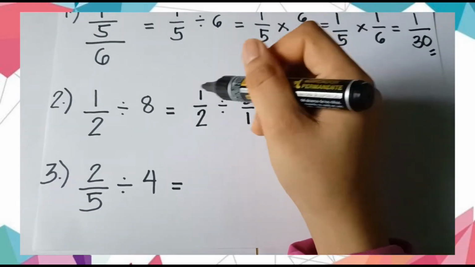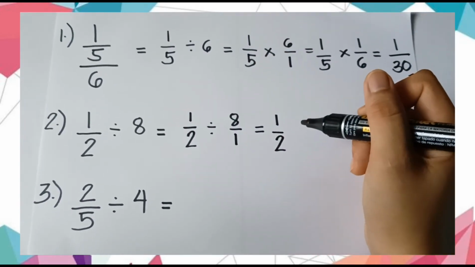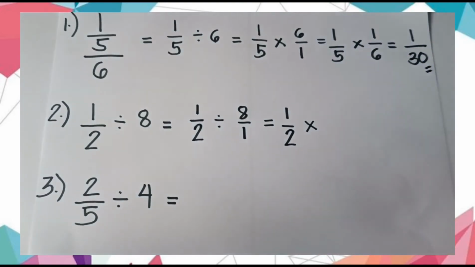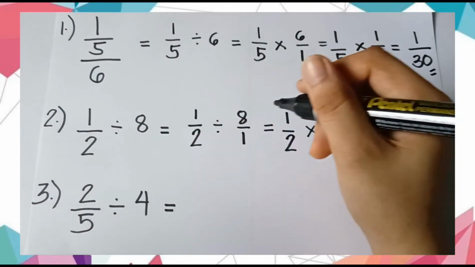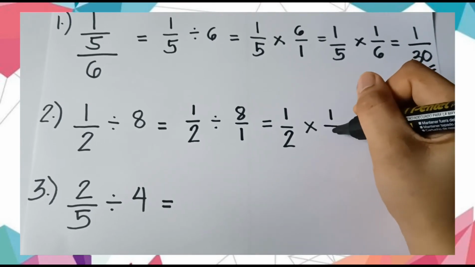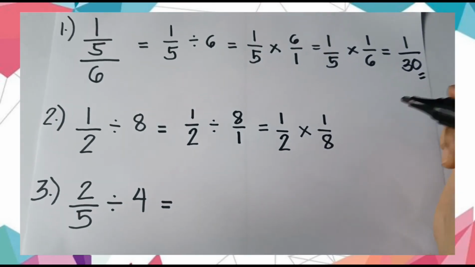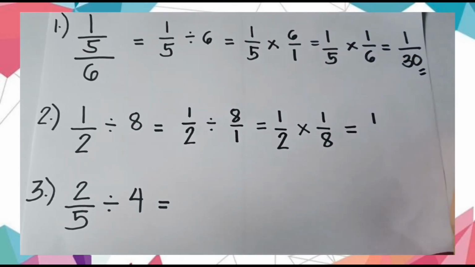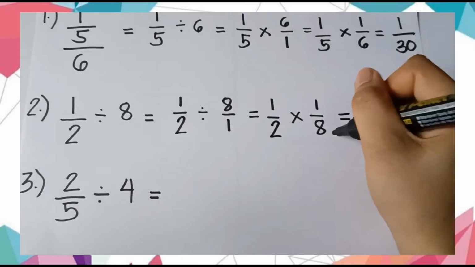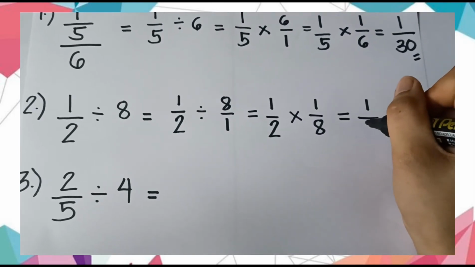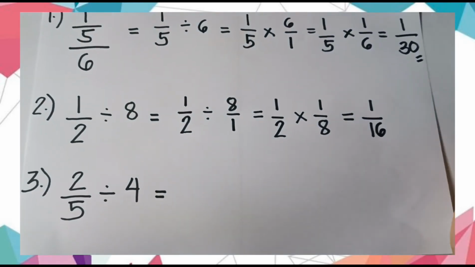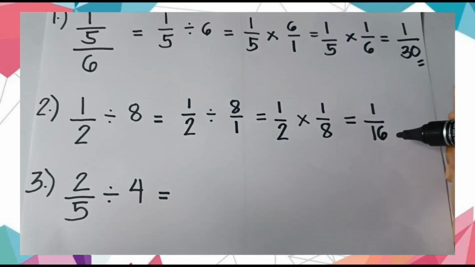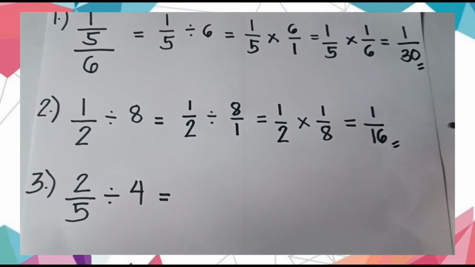We keep 1/2, the first fraction, and then we change the operation division into multiplication, and then we flip 8/1, and it becomes 1/8. We are now ready to multiply the two fractions. 1 times 1 is 1, all over 2 times 8, which is equal to 16. So 1/2 divided by 8, the answer is 1/16.